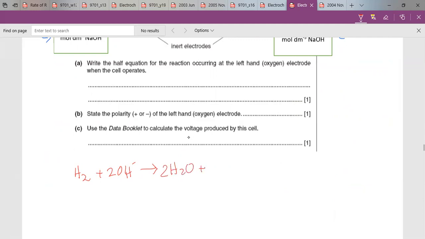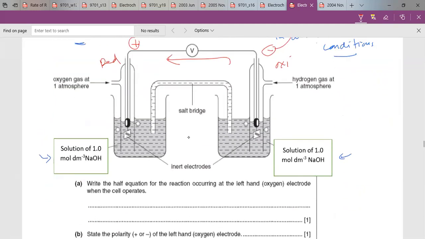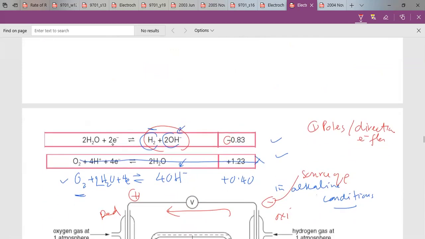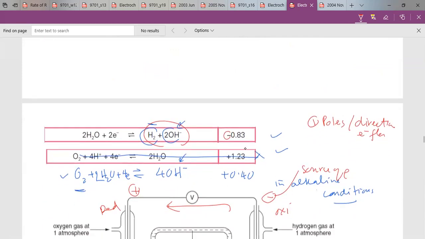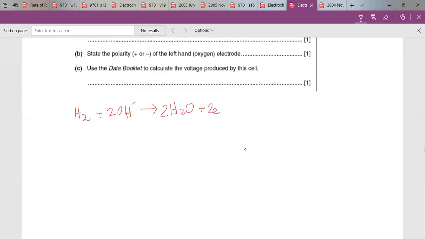Going backwards, it says plus 0.83. This is your E naught in volts.